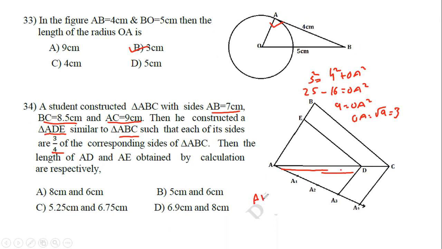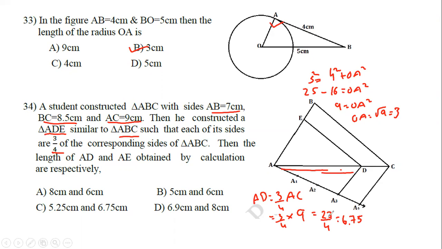So AD is equal to 3 by 4 times of this length. AD is corresponding to AC. So take AC. 3 by 4 into the value of AC, AC they given 9. 9 3s are 27. 27 divided by 4 is equal to 6.75.